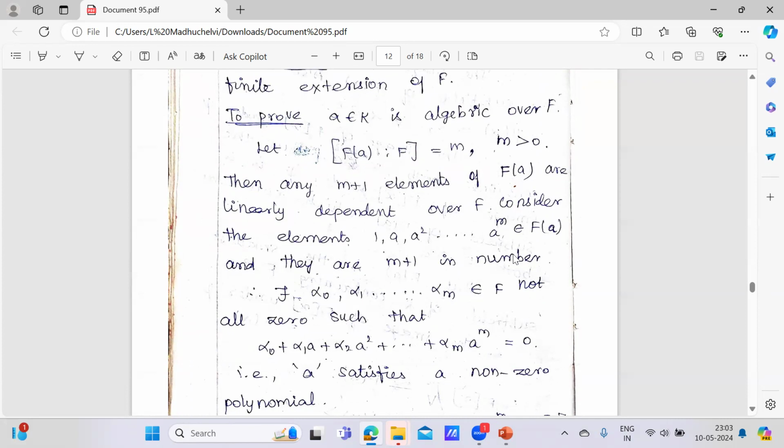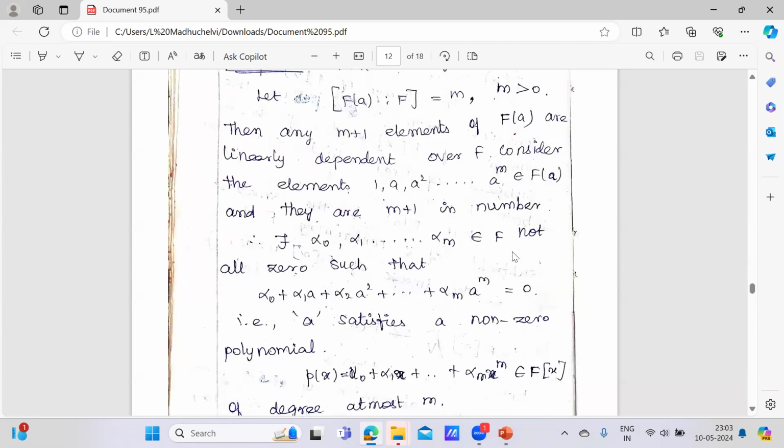Then any m plus 1 elements of F(a) are linearly dependent over F, because the degree m means the dimension of F(a) as a vector space over F is m, so the basis of F(a) contains m elements.